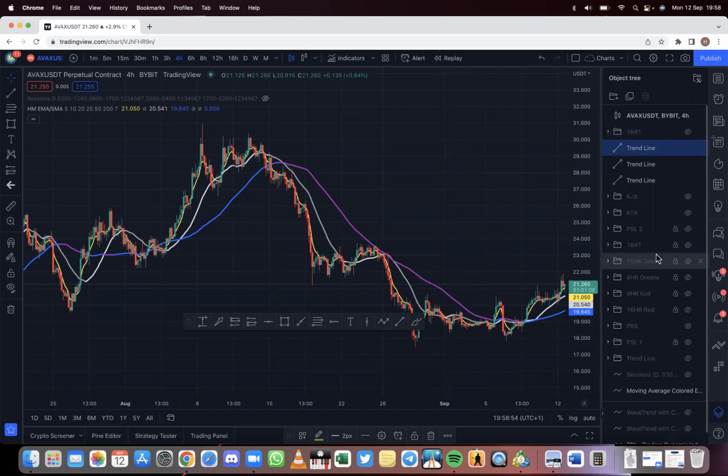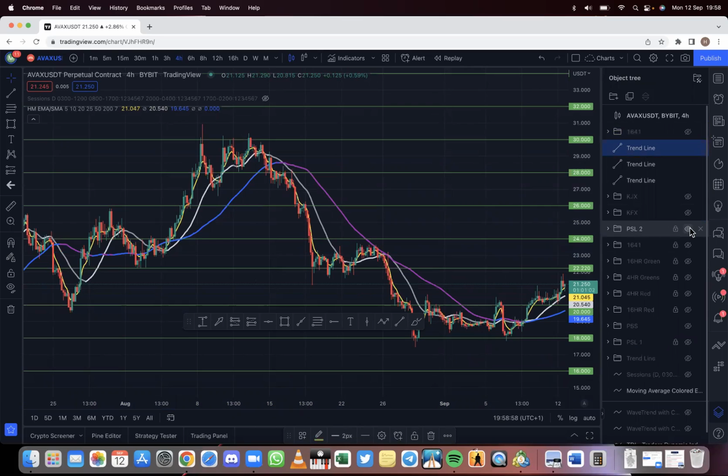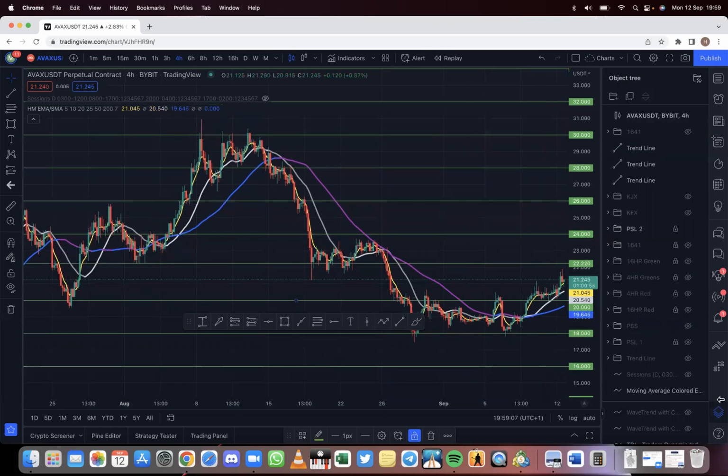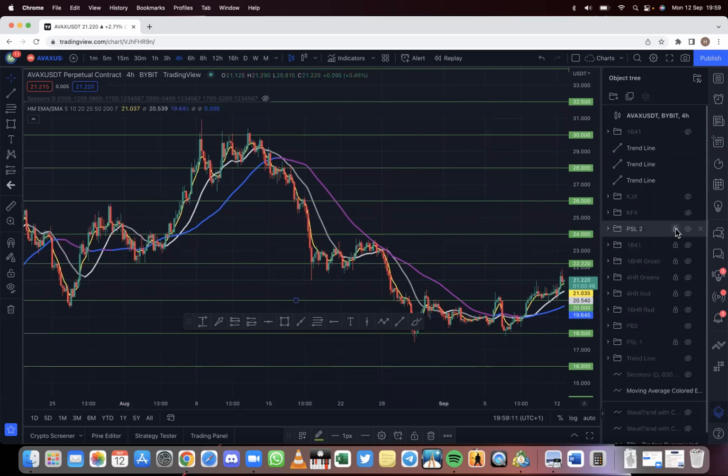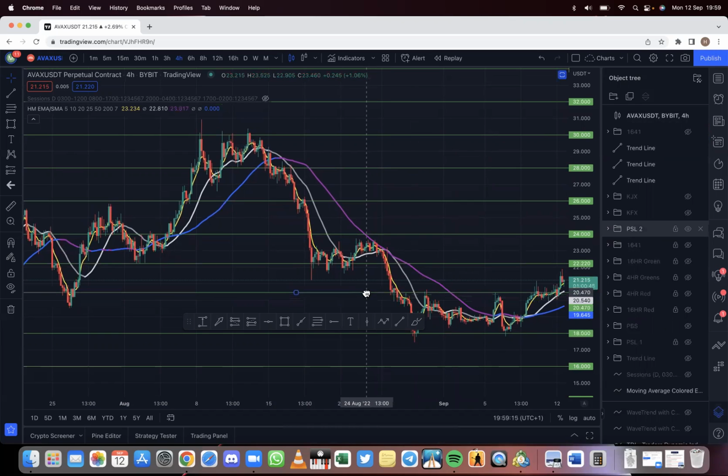And then we can go and create our psychological level, which I believe we have already. So these are our psychological levels. I was thinking that we need to amend them slightly, but let's assume that we've got the right psychological levels.